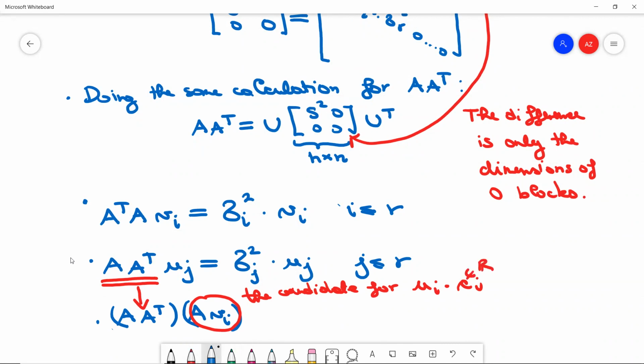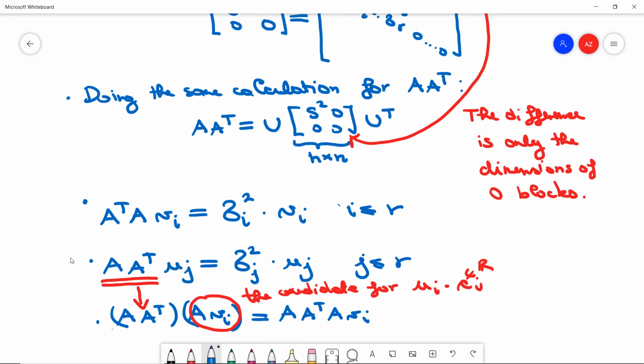So let's do this computation. We have A transpose A Vi. I just got rid of brackets because matrix computation is associative, so we can put brackets in any order we want.